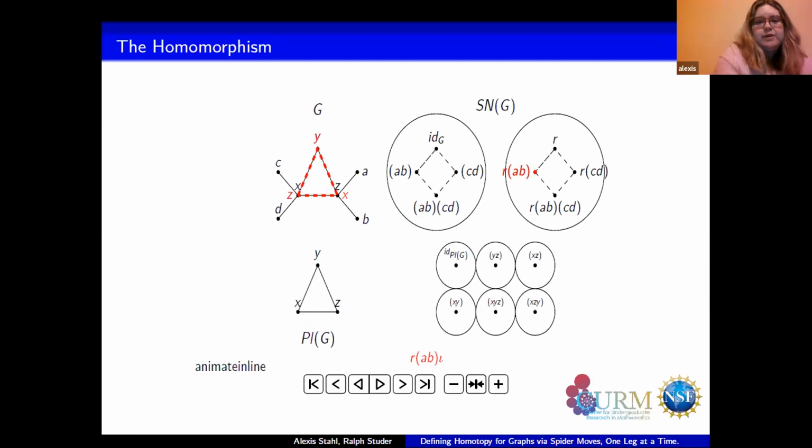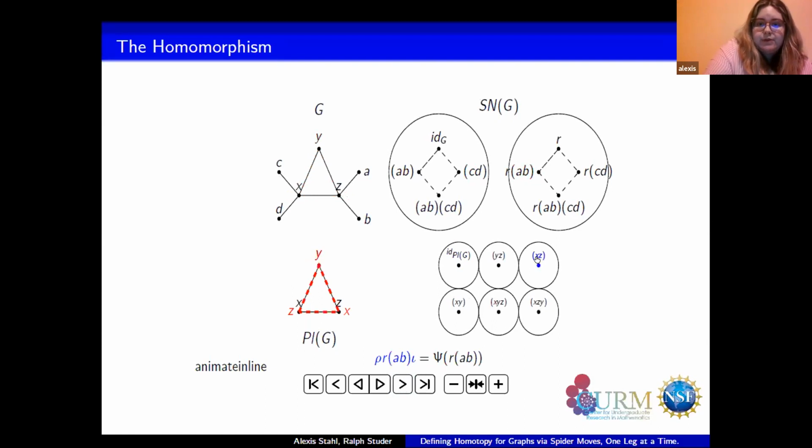So here you can see we did rho AB or RAB, and then from there it'll send it to XZ, which is what we got when we did them individually, did rho AB iota and then rho R iota. So therefore we get that they are equal.